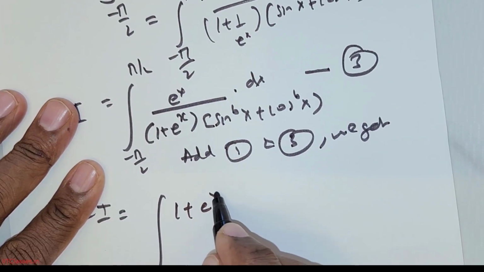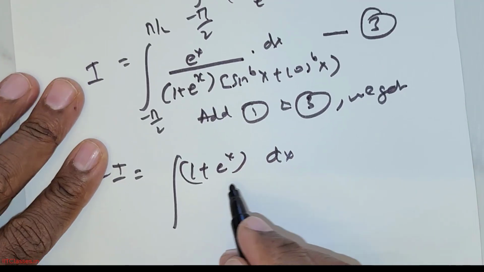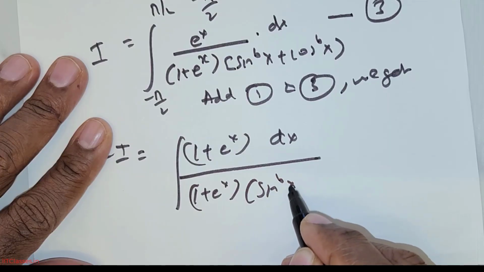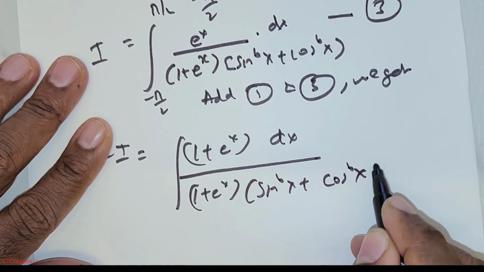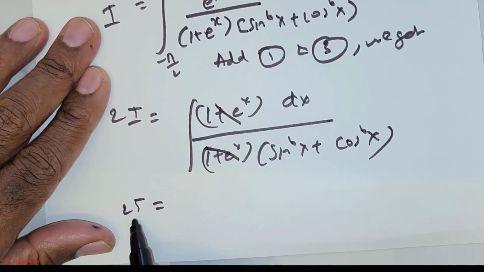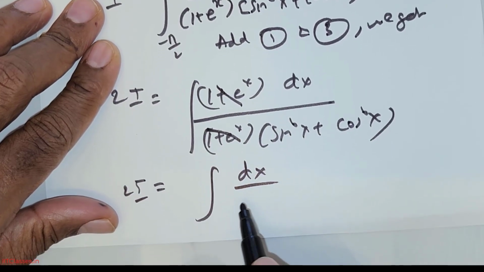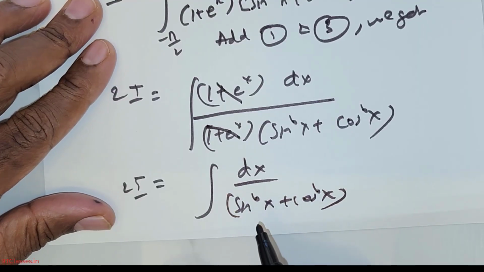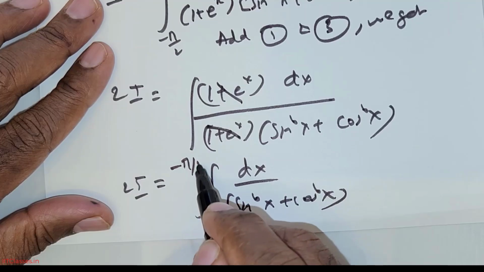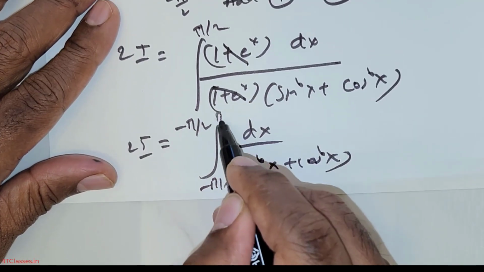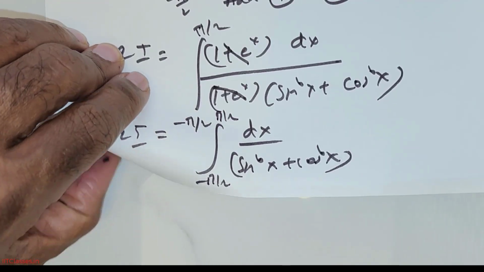So we're going to get 1 plus e raised to the power of x times dx divided by 1 plus e raised to the power of x times sine raised to the power of 6x plus cos raised to the power of 6x. Now this and this gets cancelled, giving me 2 times I is equal to the integral dx over sine raised to the power of 6x plus cos raised to the power of 6x. Now the limits are negative pi over 2 to pi over 2. Okay, fair enough. So we have got that.